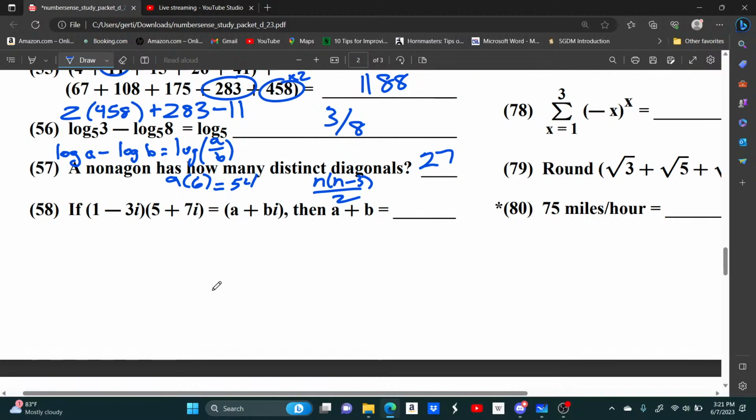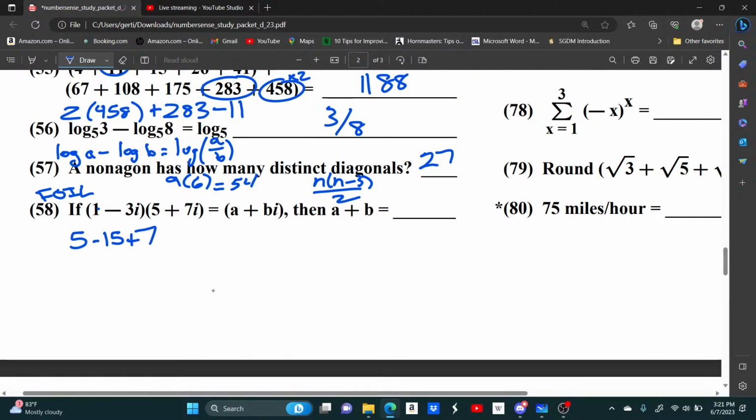Okay, 58. If 1 minus 3i times 5 plus 7i equals a plus bi, then a plus b equals what? I like to FOIL these as well, but I don't actually find out what a plus bi are. I kind of just find a plus b as I go. So 1 times 5 is 5, and then negative 3 times 5 is going to be minus 15. 1 times 7i, so that's going to give me a plus 7.